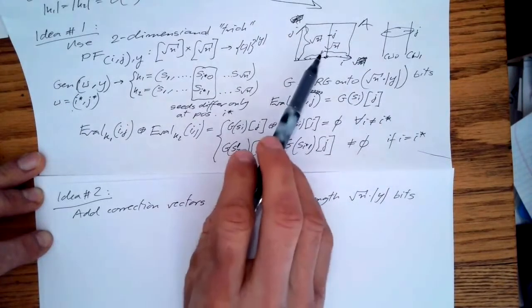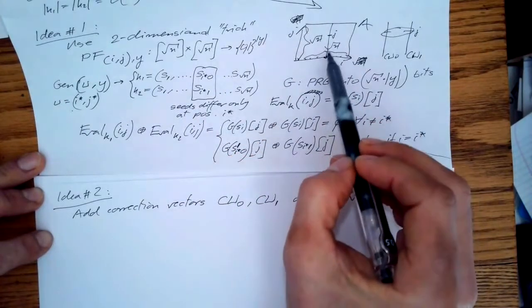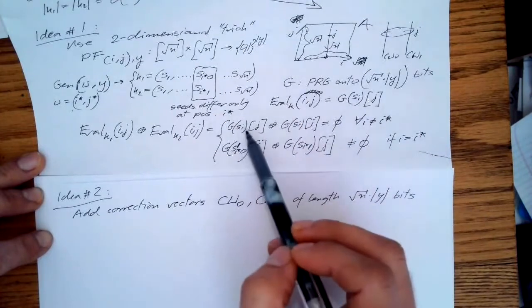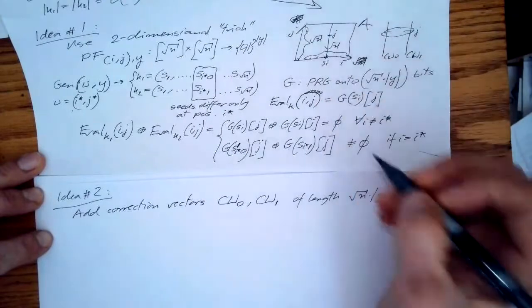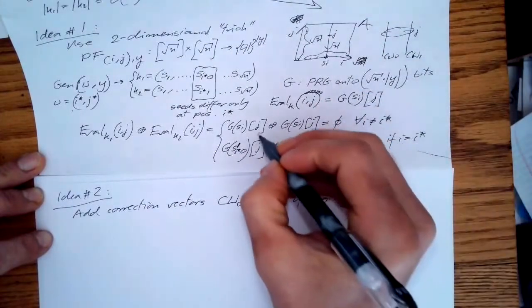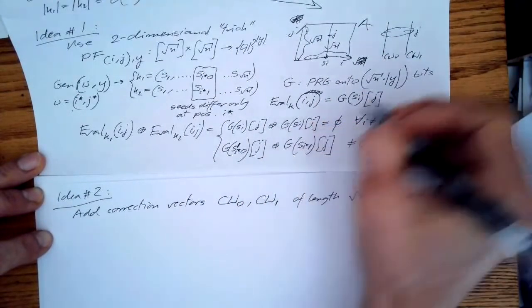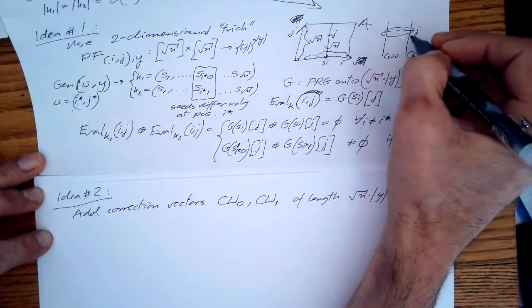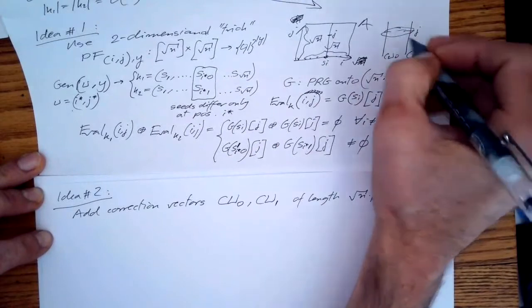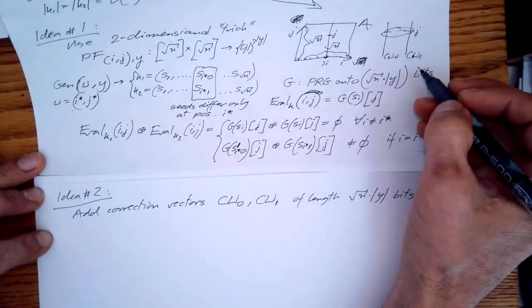So the server will evaluate G on a seed that corresponds to that column, look up the J's position, and then look up the J's position in the correction vectors and use them as XOR shifts.